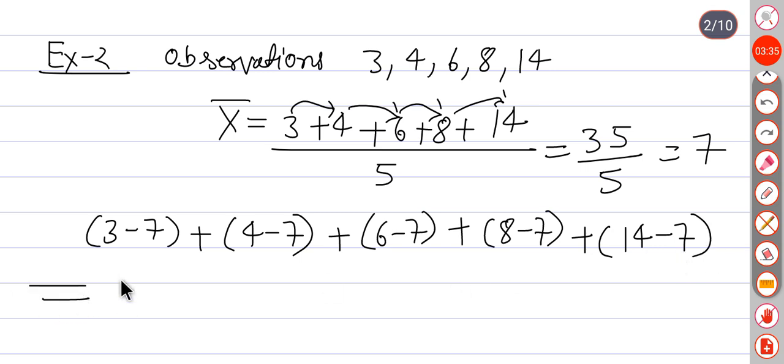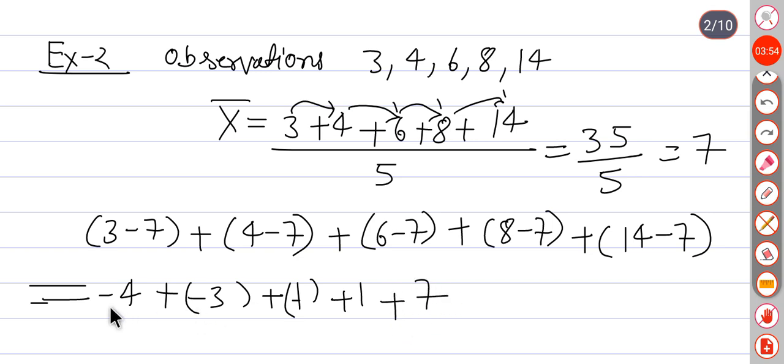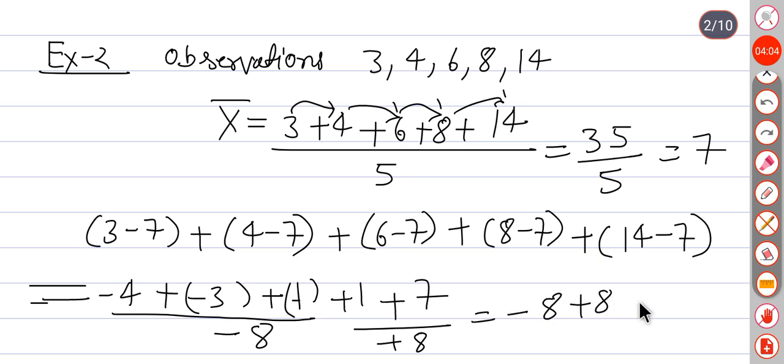If you see, that would be minus 4, plus minus 3, minus 1, plus 1, thereafter plus 7. The value would be minus 8 and plus 8. So minus 8 plus 8 is 0. So if you take deviations from the mean, that value will always be 0.